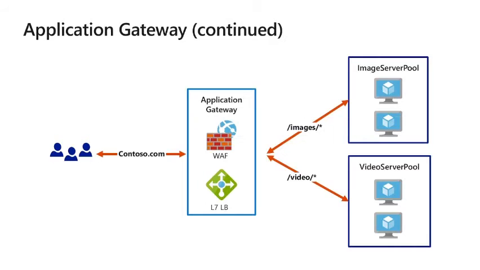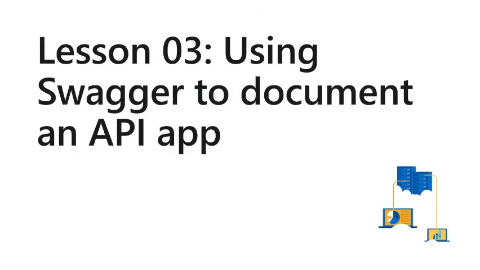If the URL has /image, you can send it to this server. If it's video, you can send it to that server. So you can really change the route of your call.